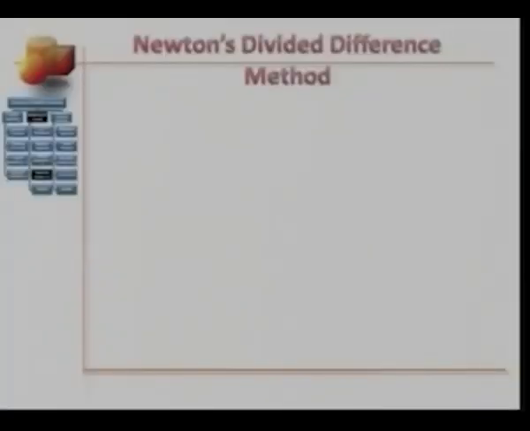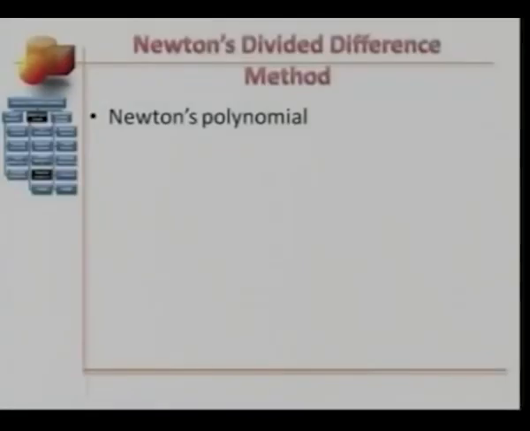First, a little recapitulation on the Newton's divided difference approach. Remember that we had discussed this method briefly when talking about curve interpolation. So let's say we start with Newton's polynomial. I hope you remember what that is. Just in case you don't, here is a recap. The polynomial y is written as p of x, which is alpha 0 plus alpha 1 times x minus x0 plus alpha 2 times x minus x0 times x minus x1, and so on and so forth.